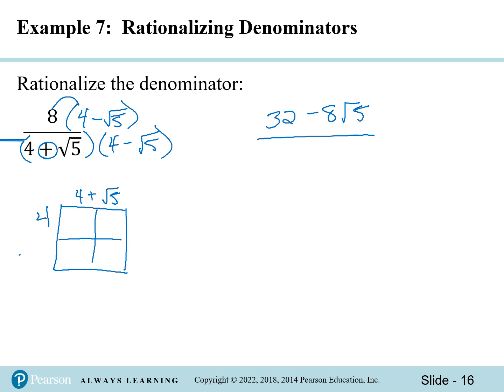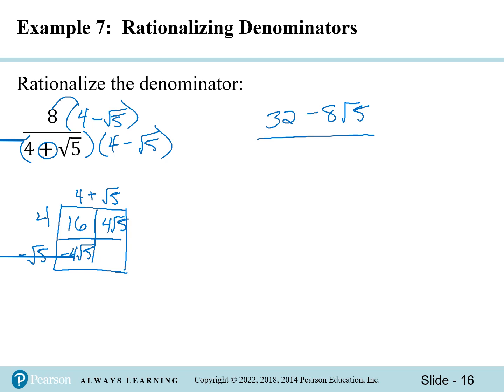The FOIL method gives you the exact same answer because it's actually the same thing. It's just a different way to remember that you have to multiply the first 2 terms, 4 times 4. You have to multiply the outer 2 terms, which would be 4 times negative square root of 5. You have to multiply the inner 2 terms, which would be a positive 4 square root of 5.